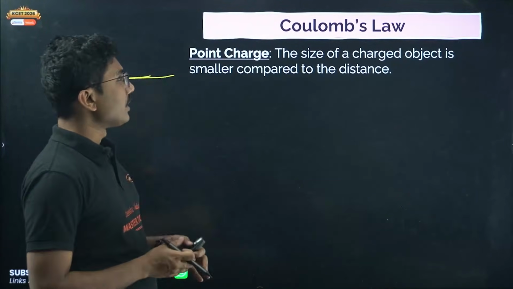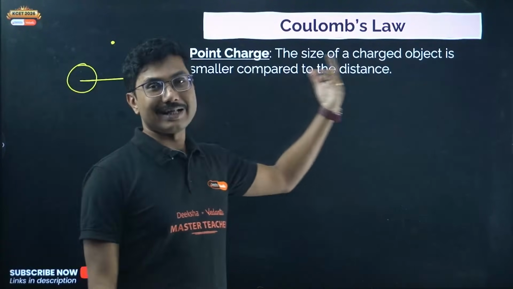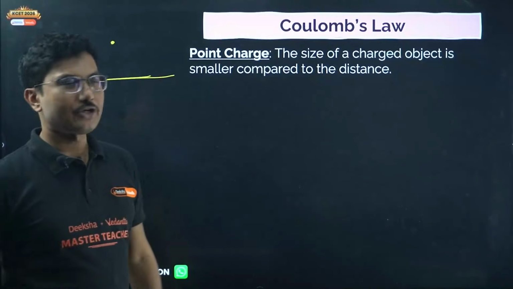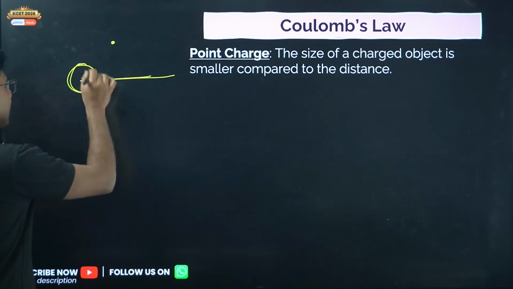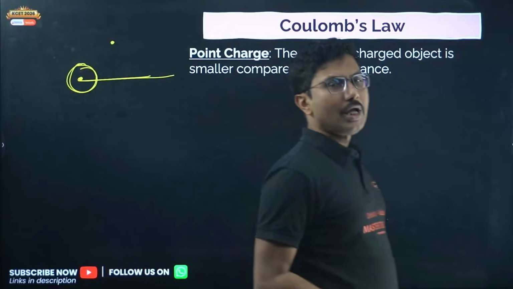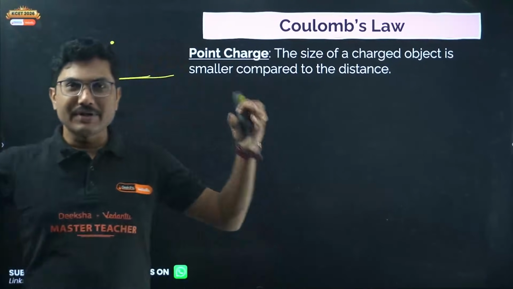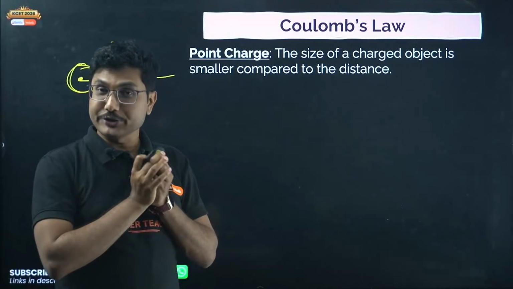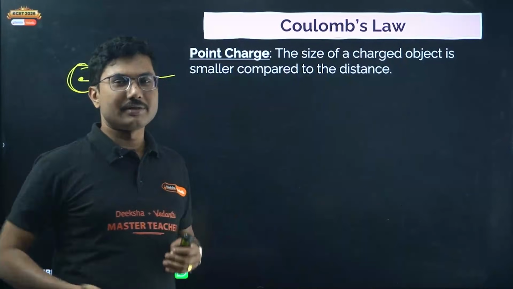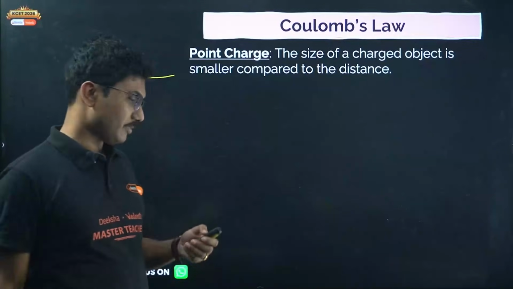The size of the charged object is smaller compared to the distance, then that object is called a point charge, and everything is considered to be located at the center of this object. That's how we came to know about point charge. If the distance is bigger compared to the size of the object, we say this is a point charge.